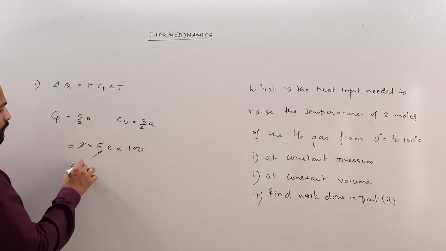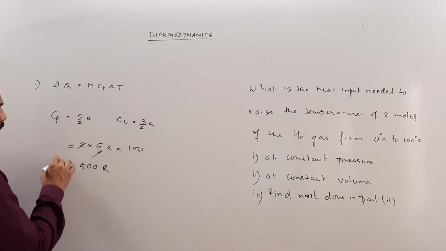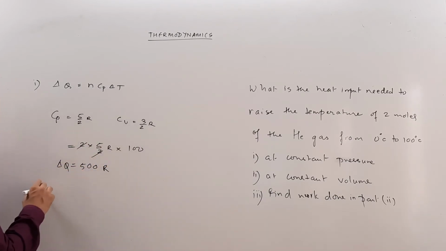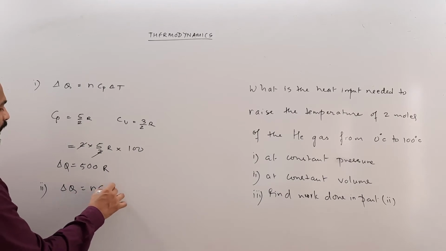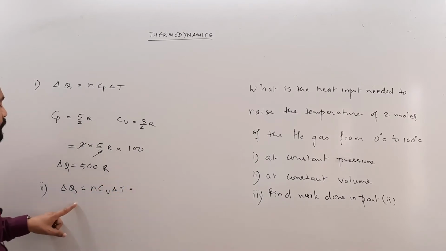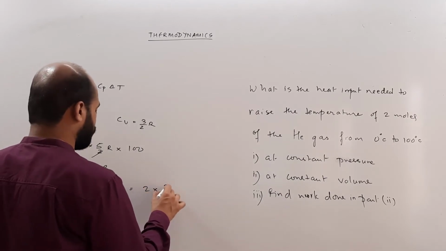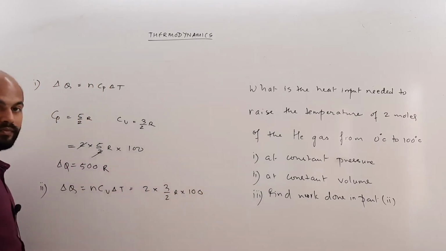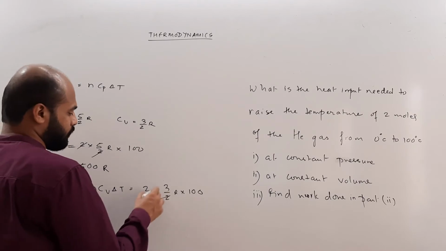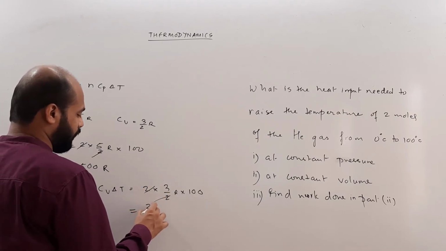So this goes and what we get is 500 R. That is delta Q for the first one. For the second one, delta Q is going to be n CV delta T, which is 2 into 3 by 2 R into 100, because the change in temperature is from 0 to 100, so 100 degrees. The 2 goes and we get 300 R.